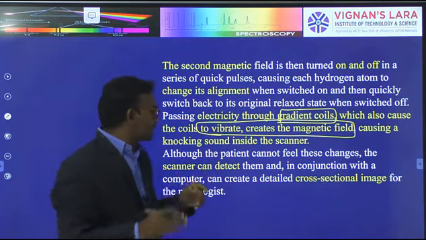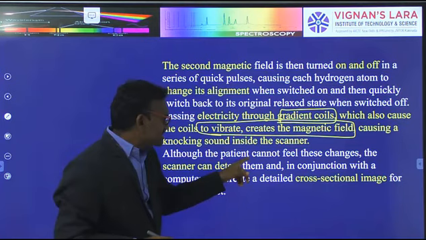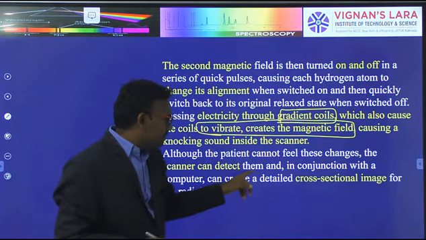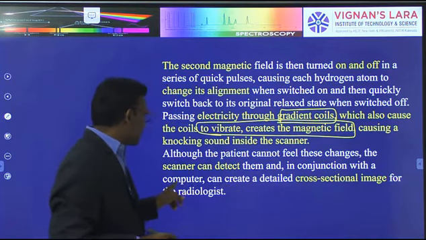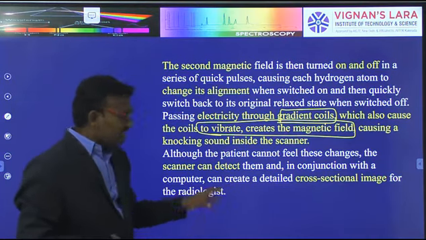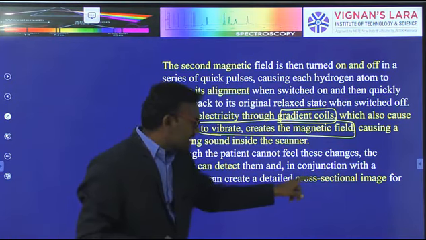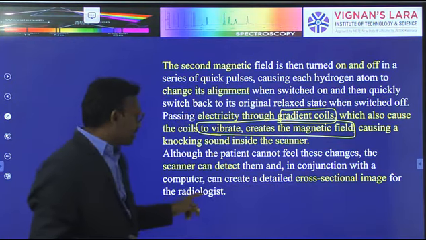The structure is formed in a computer. Although the patient cannot feel the changes, the scanner can detect them, and in conjunction with a computer can create detailed cross-sectional imaging for the radiologist.